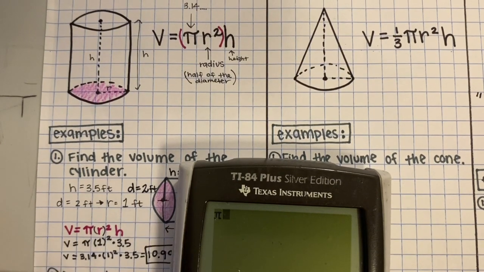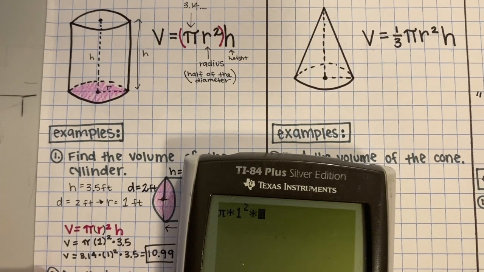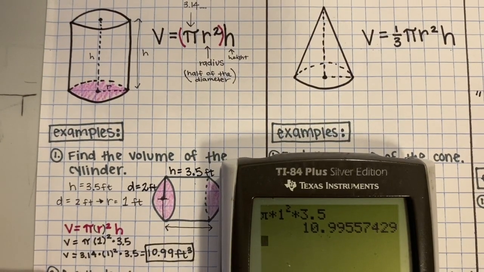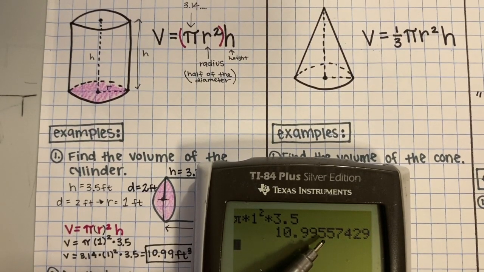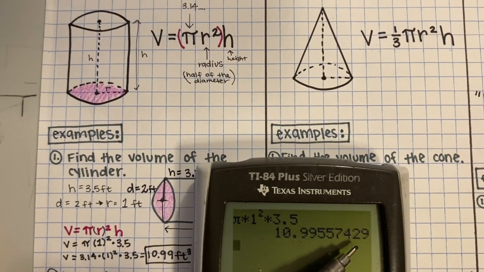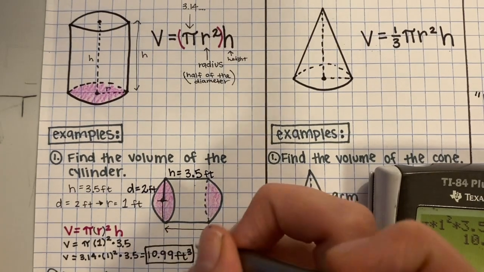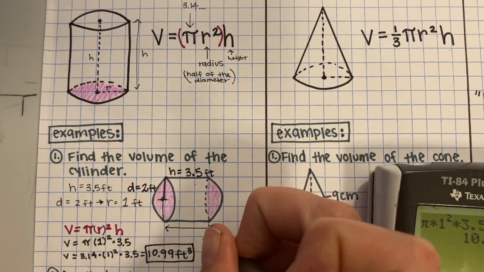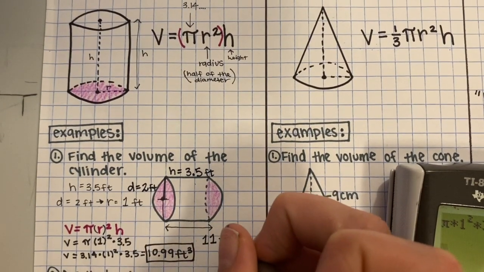I'm going to get my pi symbol times 1 squared times 3.5, and I get almost the same exact thing, right? 10.9955742. This 5 would have me round up to 11. So instead of being 10.99 feet cubed, we have 11 feet cubed.